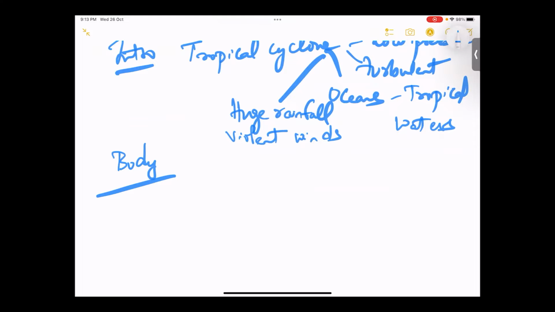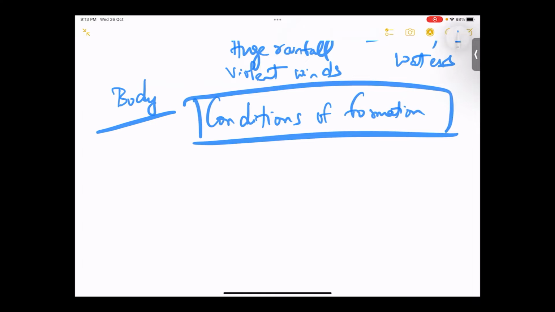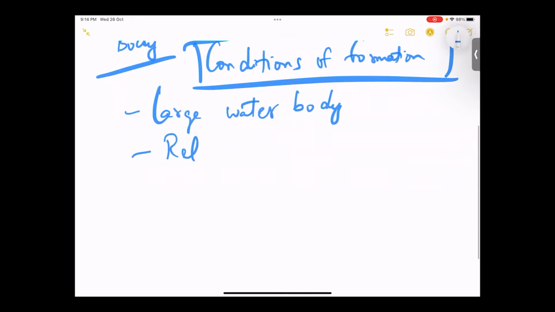So you have to mention in the body, first, the conditions for formation of a tropical cyclone. What are the various conditions which are required? A large water body, relatively high temperature, that is greater than 27 to 28 degrees Celsius.